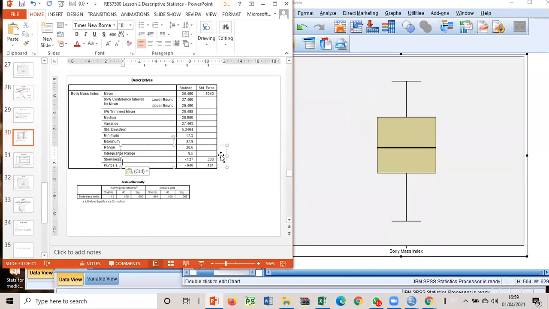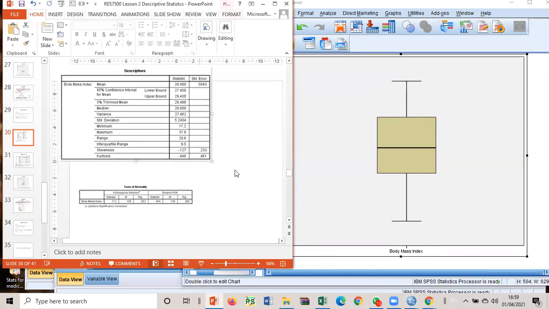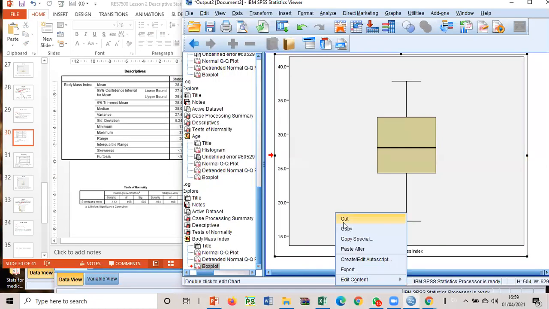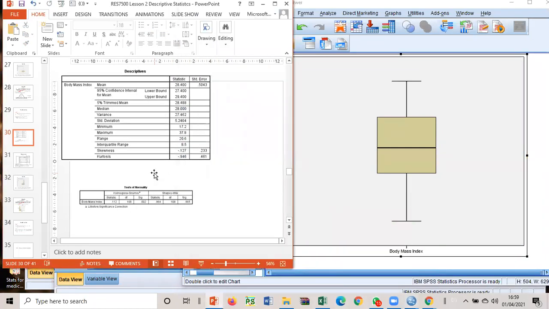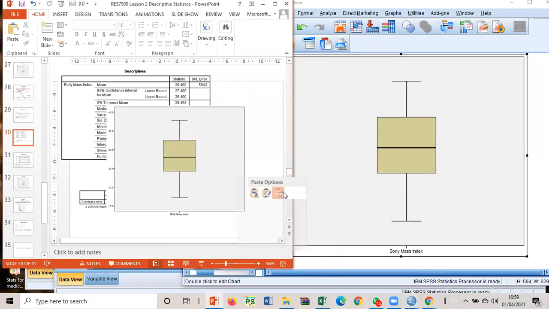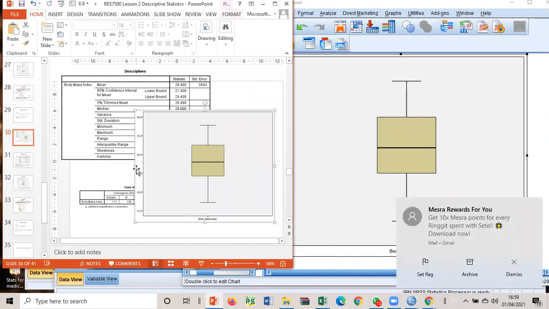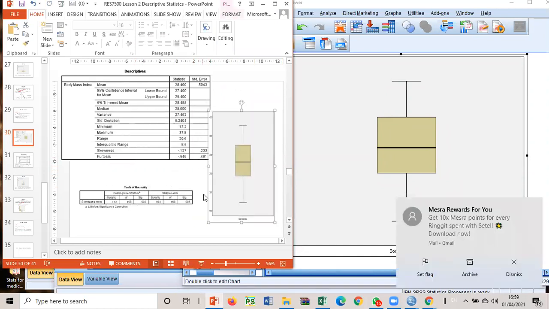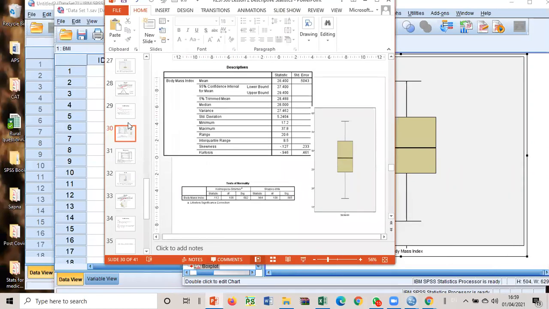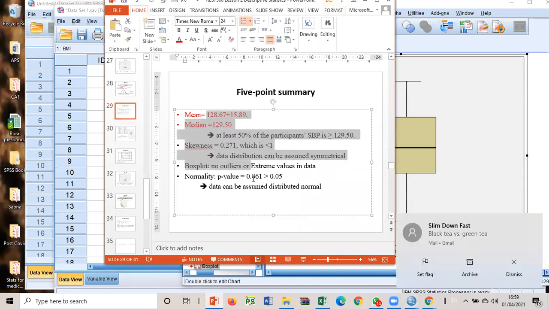Based on the output, you're supposed to interpret and write the 5-point summary. You're supposed to write this 5-point summary.